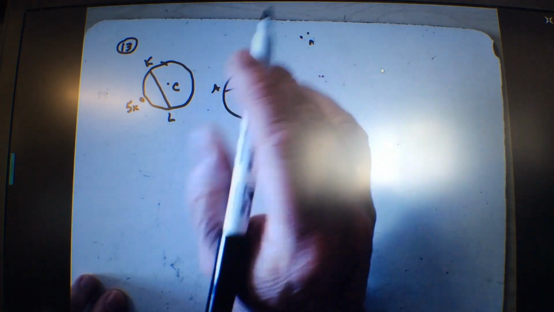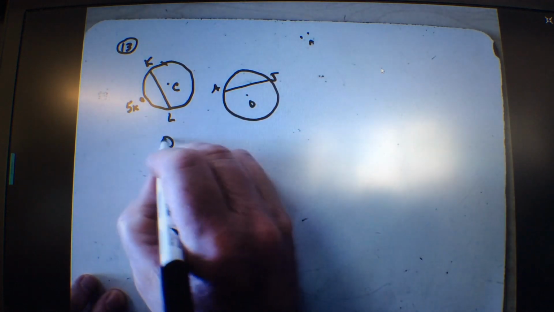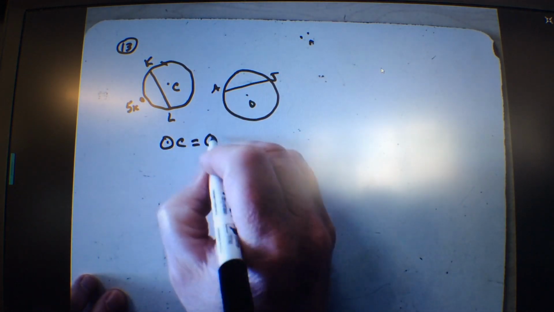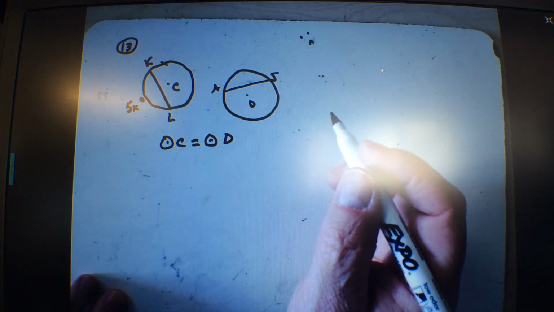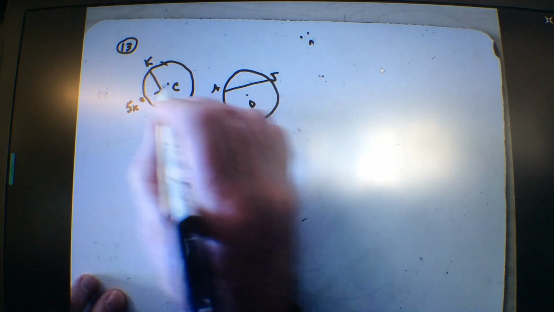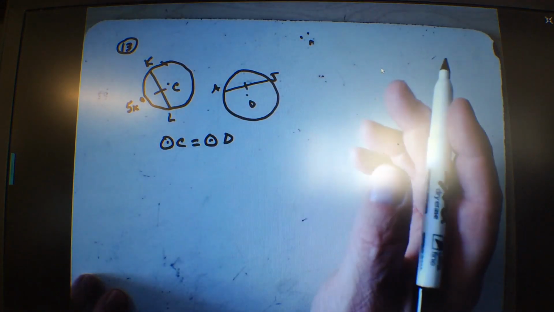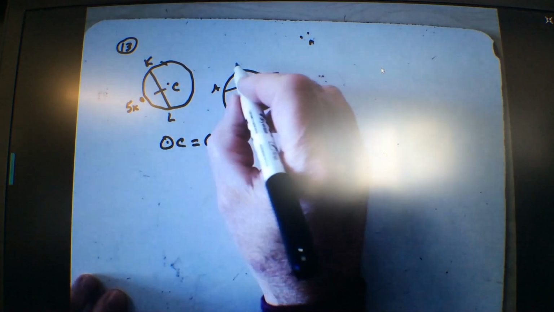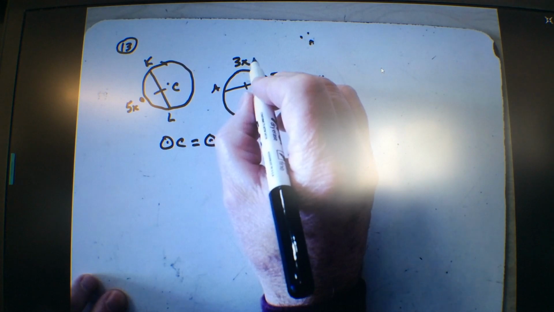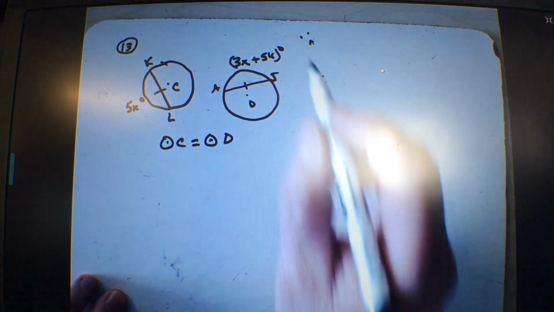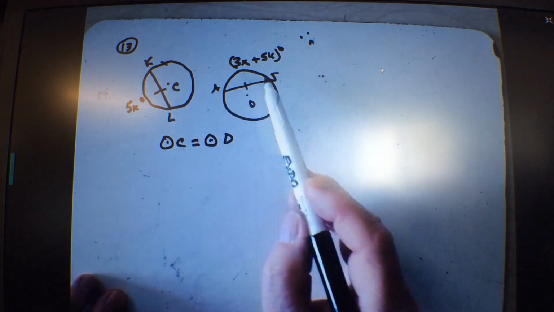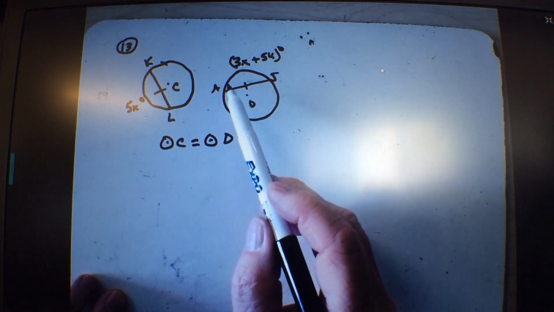Now in the directions, it said that circle C was congruent to circle D. And it also told us that this chord was congruent to this chord by the picture itself. And it said that this arc was 3x plus 54 degrees. Now since this chord is congruent to this chord, the arcs must be congruent.